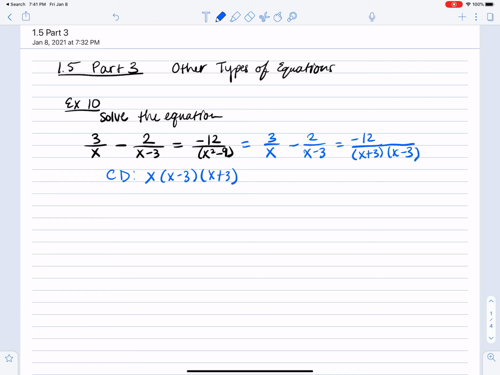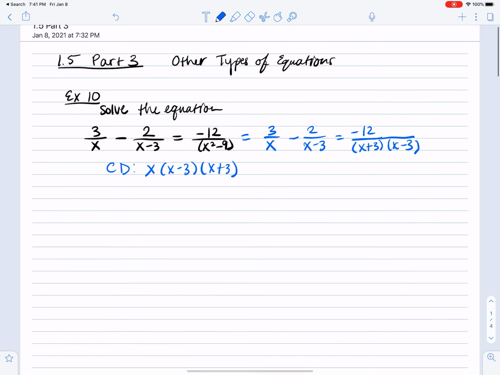Alright, so now we need to multiply everything up here times that new denominator, or times something to get to that new denominator. So I know this needs to be multiplied by x minus 3, x plus 3. And then this one needs to be multiplied by x and x plus 3. And this one just needs to be multiplied by x, since it has the other two already.